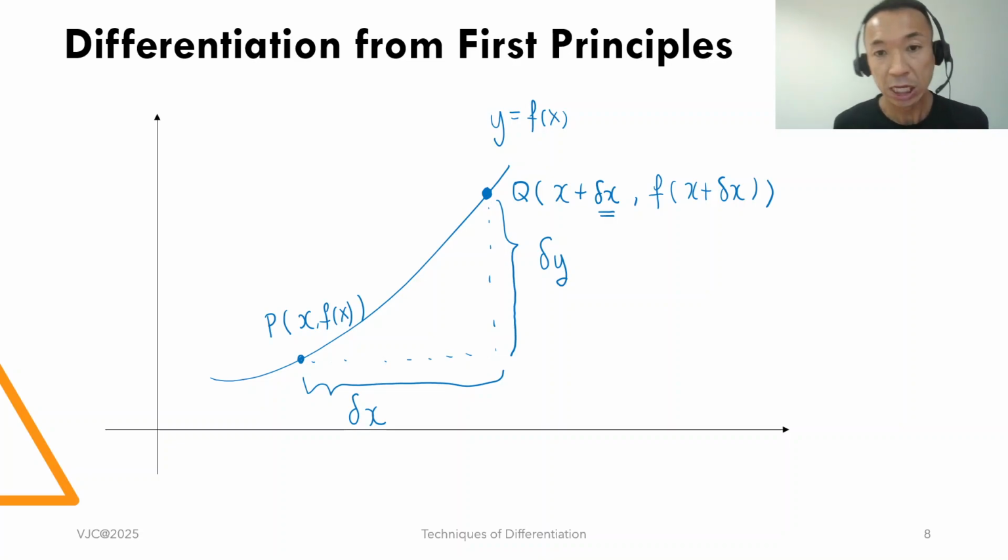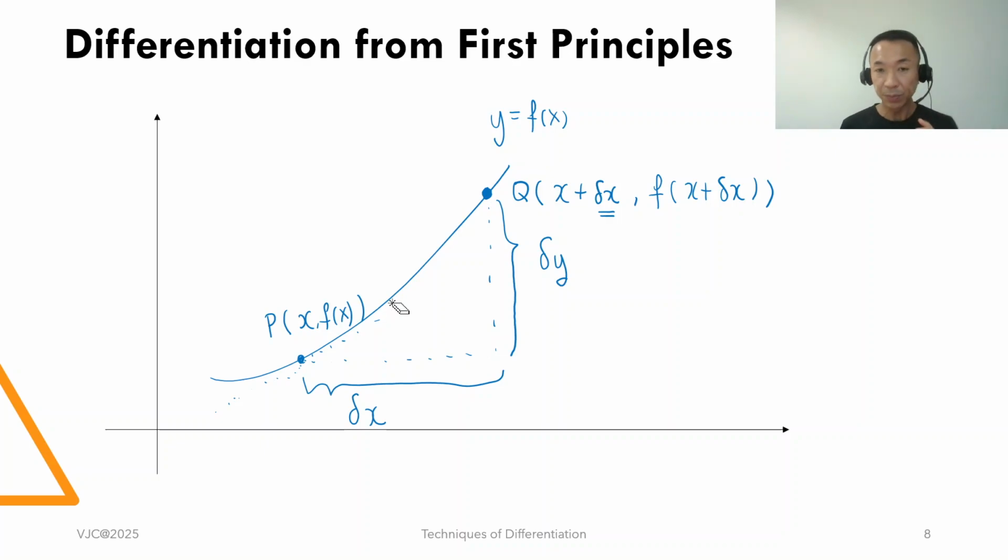Now, the definition of gradient: I think most of you will know how to draw gradient. The gradient at this point P is to draw a tangent here, something like that. I'm sure you can. You'd appreciate that, and you have learned that before.